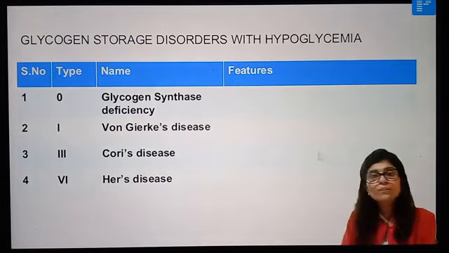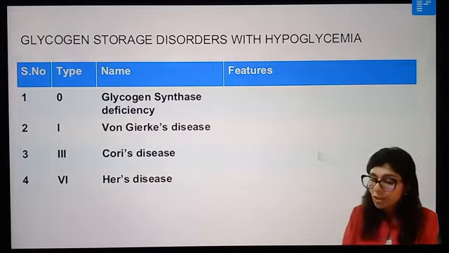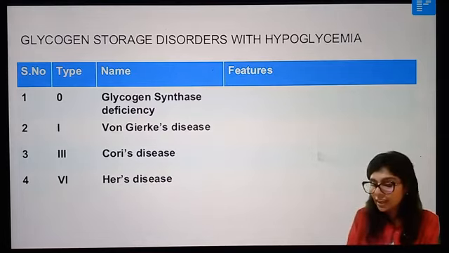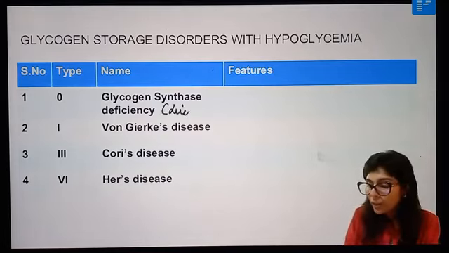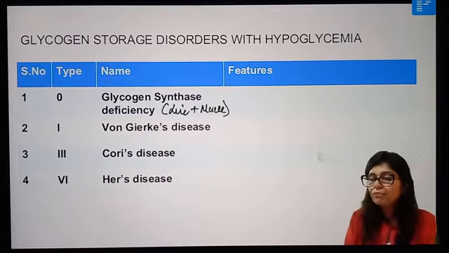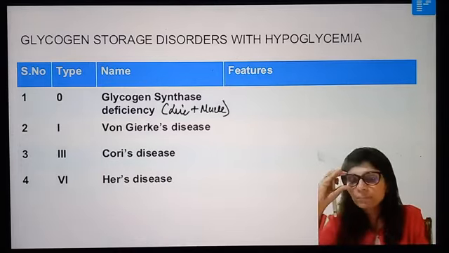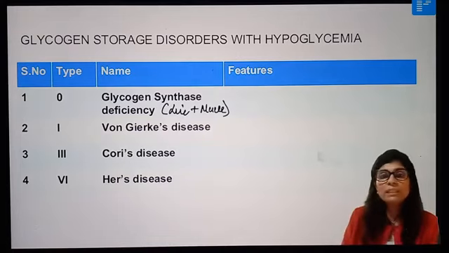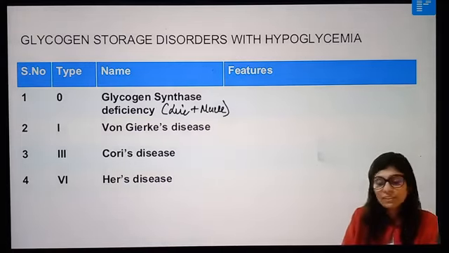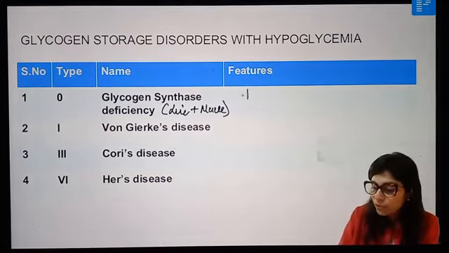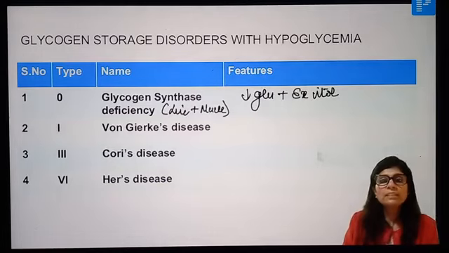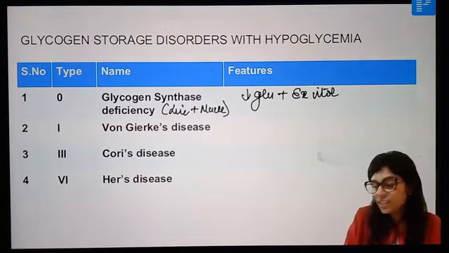Let's now discuss features. Glycogen synthase deficiency. I have not mentioned whether it is liver or muscle, which means it is defective in both liver and muscle. What will happen when both liver and muscle glycogen are affected? It will present as both fasting hypoglycemia and exercise intolerance.